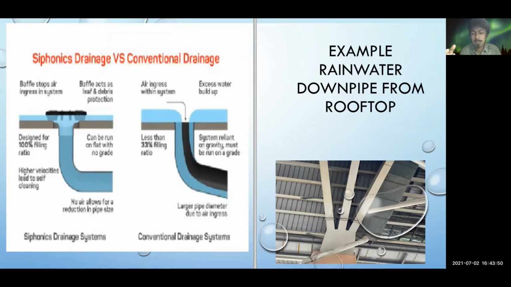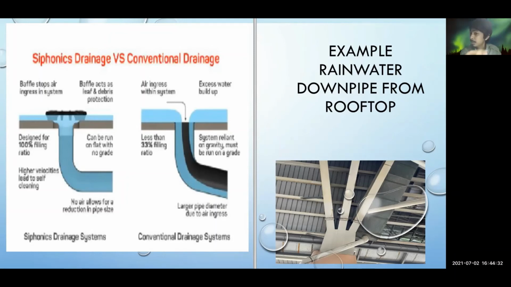Based on the siphonic system, we can maximize. We can see here the comparison between siphonic drainage and conventional drainage. For the outlet of the siphonic system, they have a new technology device to make sure our rainwater can flow at a 100% filling ratio, compared with the conventional drainage system, just 30% filling ratio.